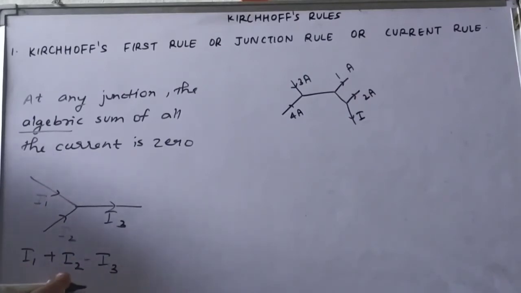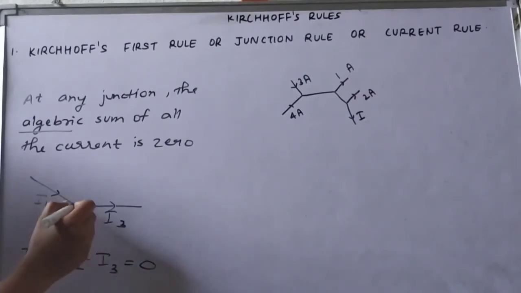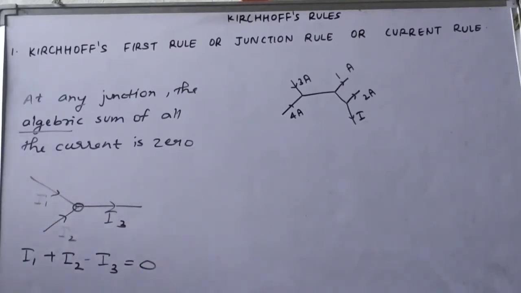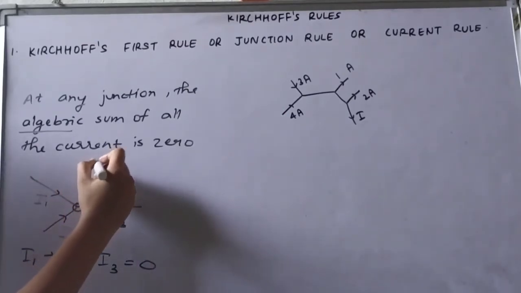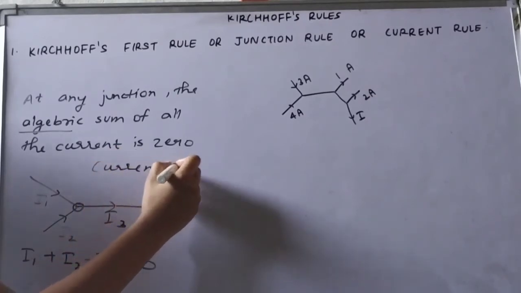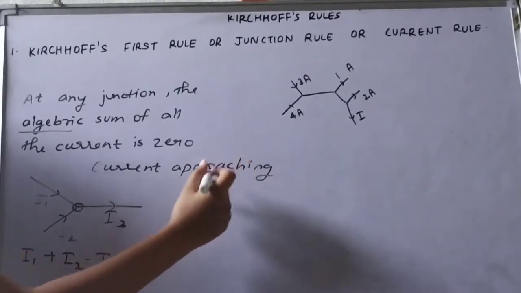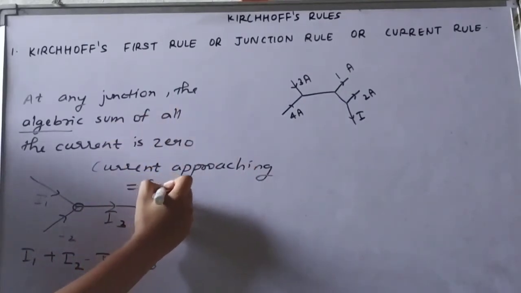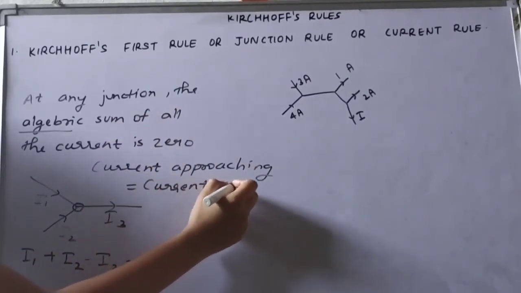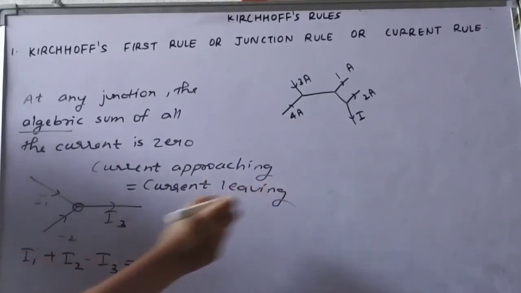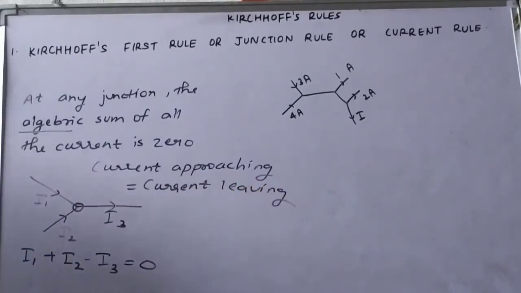The sum of all currents at this junction is equal to 0. So we can say the current approaching the junction is equal to the current leaving the junction.